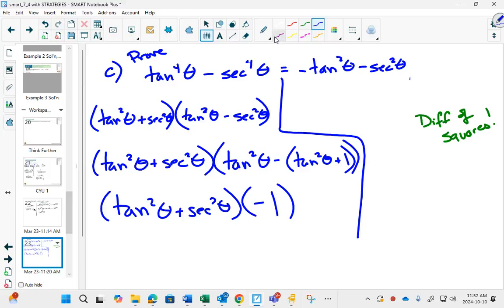But sometimes you're going to do a lot of mental math to realize what you can work with. So to the realization that we are able to work with this and change it, but this actually isn't helpful to change. If I now distribute my negative, I'm going to get negative tan squared theta minus secant squared theta. Is that identical to the other side? Yes.